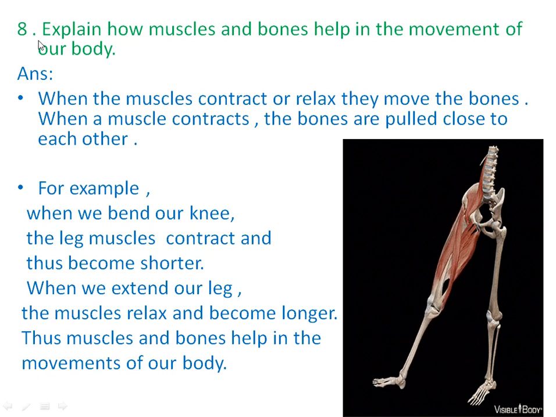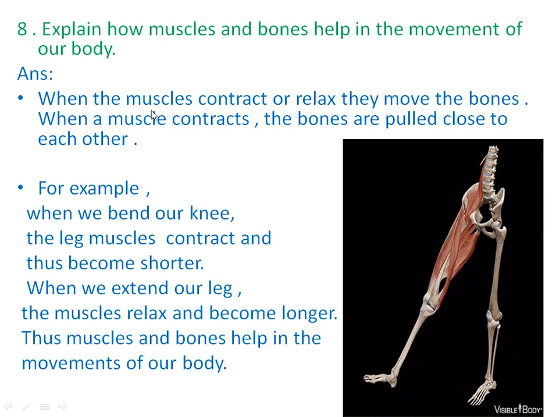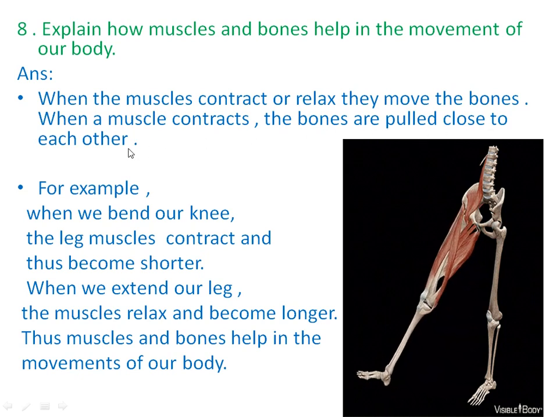See, eighth question. Explain how muscles and bones help in the movement of our body. The answer is, when the muscles contract or relax, they move the bones. When a muscle contracts, the bones are pulled closer to each other.